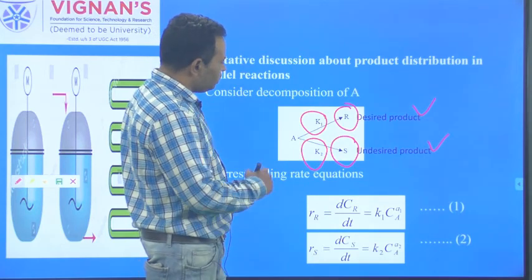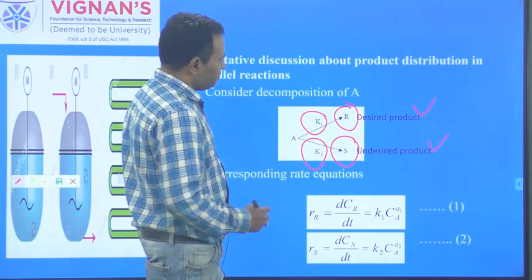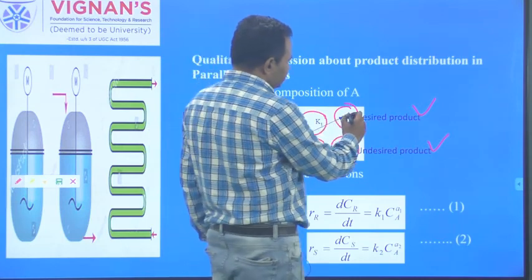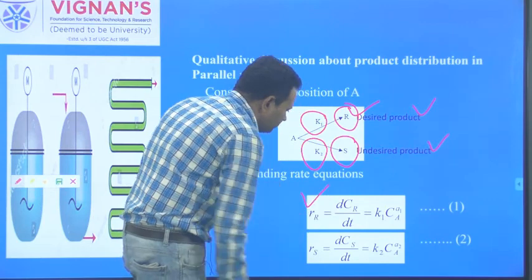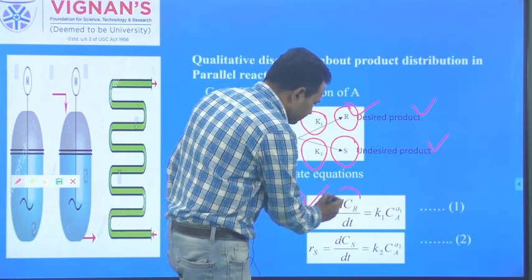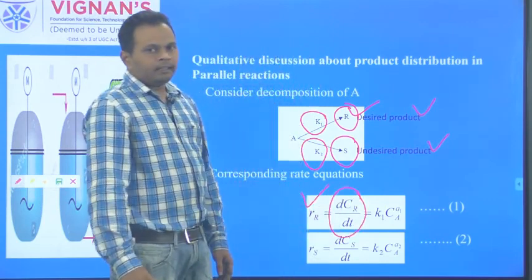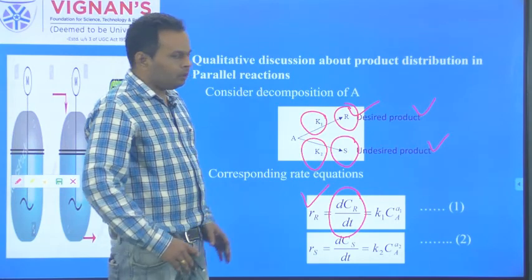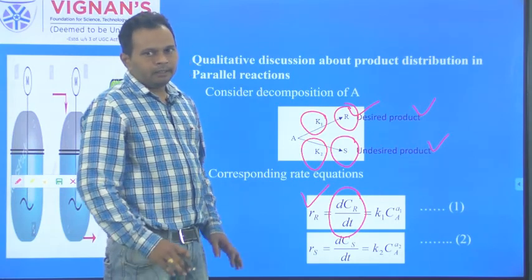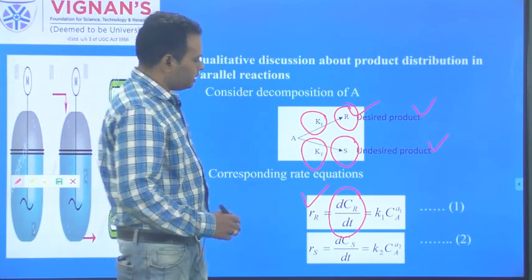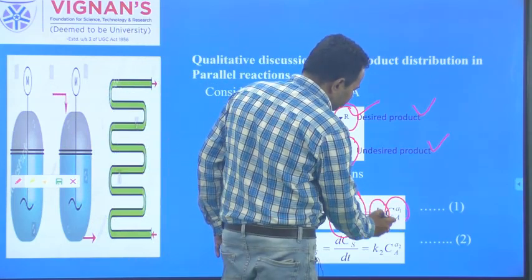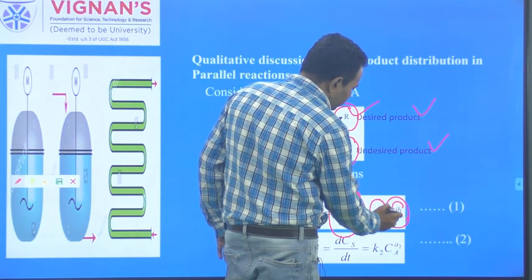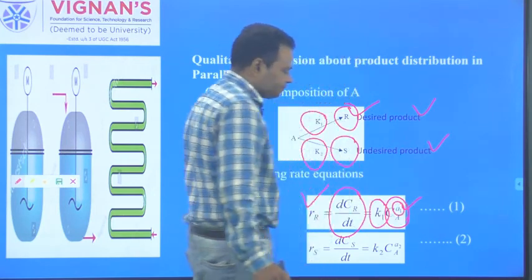Before you find the product distribution, write the rate of formation of R. This is nothing but the concentration change of R with respect to time, dCR/dt. Earlier I said that whenever you find the rate of formation of a product, it is always the product of two terms: the first is the rate constant K1, the other is the concentration of the reactant CA raised to the power a1, which is the order of the reaction.